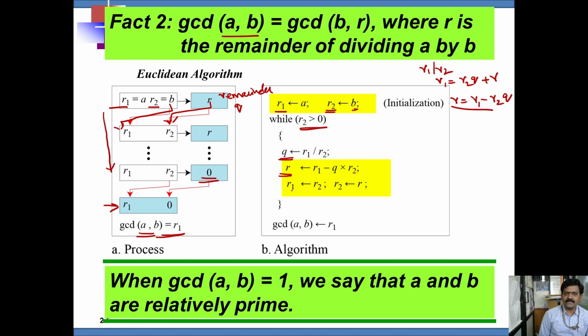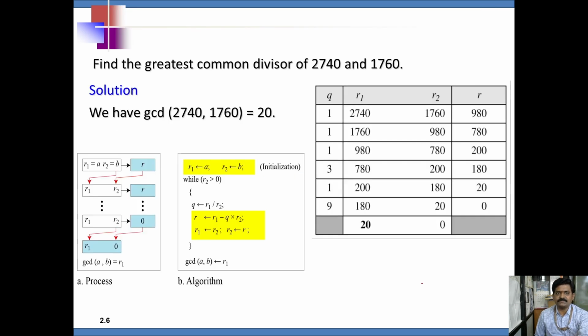Then we reassign R2 to R1 and R to R2, and this process continues while R2 is greater than 0. Finally, when R2 becomes 0, the GCD is R1. When we get the GCD value of two numbers as 1, then we say that A and B are relatively prime to each other.